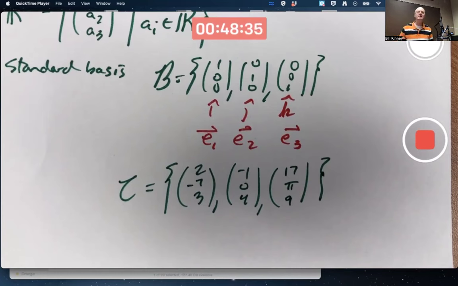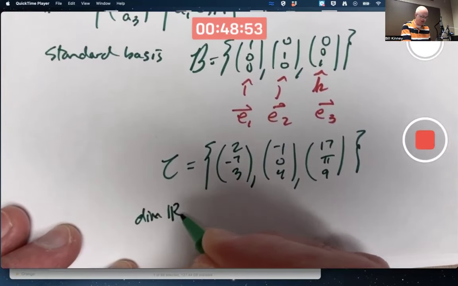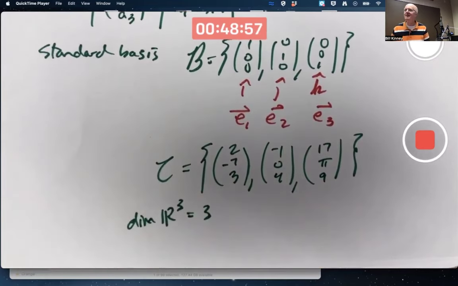But why? Wait, why does being linearly independent mean it spans? Because there's a theorem about that. That's why. R3 is three-dimensional. Dimension of R3 is 3, and not just because there's a 3 up there, but for another reason I'll get to in a minute.